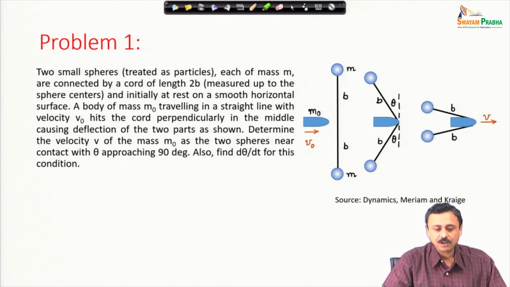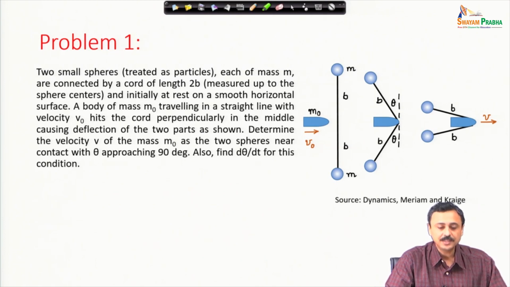Determine the velocity v of the mass m naught as the two spheres near contact, as they come close to contact. That means these two spheres, as shown in the rightmost figure, will be moving close together and they will come in contact.